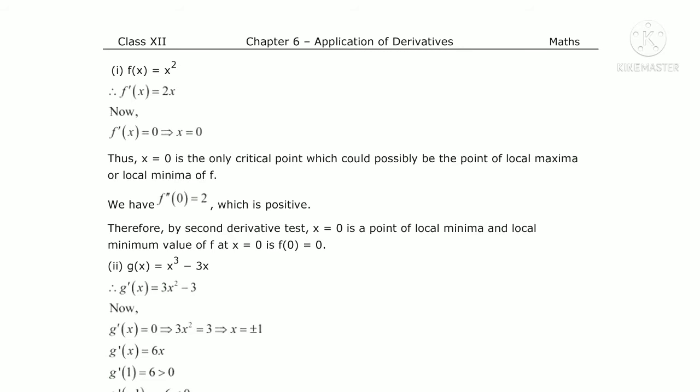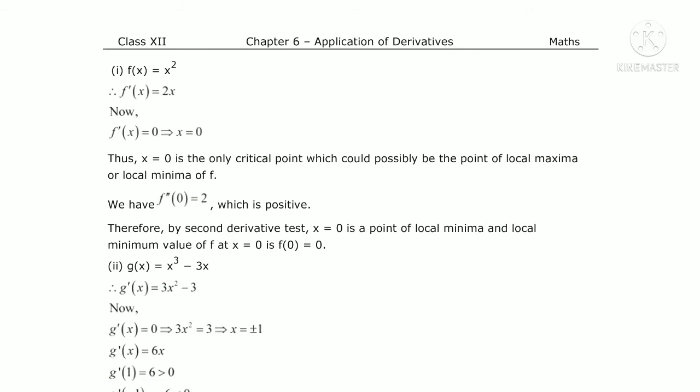After getting this, with the help of the second derivative, we have to put the critical point into the second derivative function. So f double dash of 0 equals 2, which is positive.